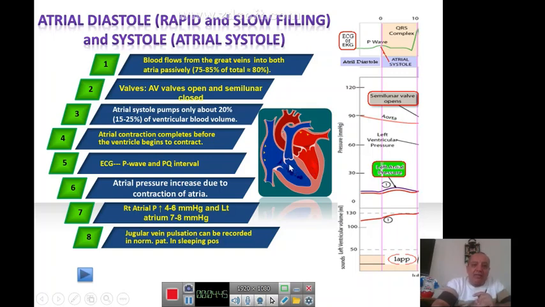So the next phase, because we have here only 80% of the blood is going directly to the ventricle, but it is not enough to make maximum volume in the ventricle. So what we need, we need extra around 20% of the blood should be pushing down from the atria into the ventricles.